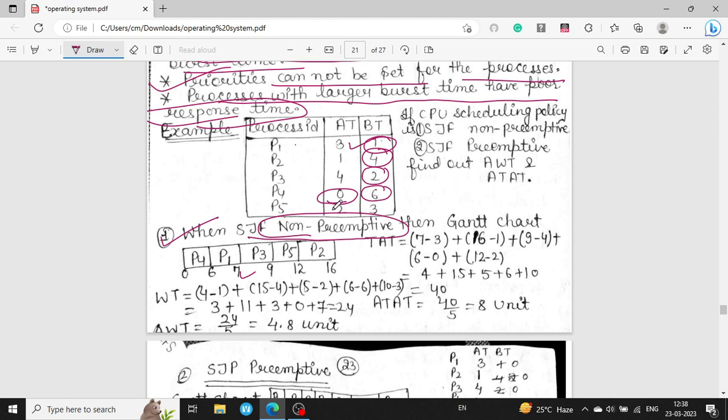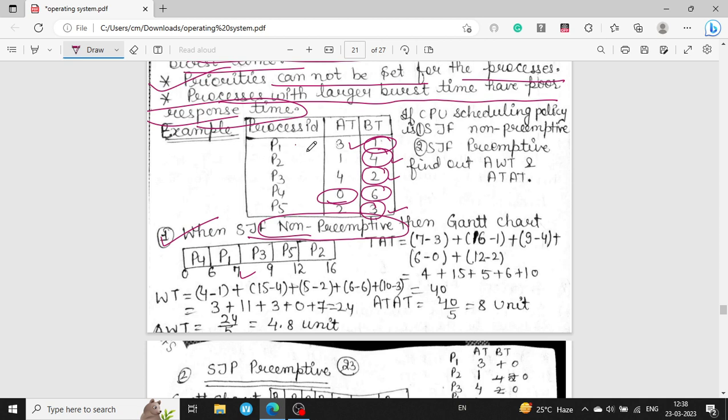When P5 came, it uses the CPU for 3 seconds. Whose job is shortest? P1. So that's why here P1, after that 4, 2 and 3.